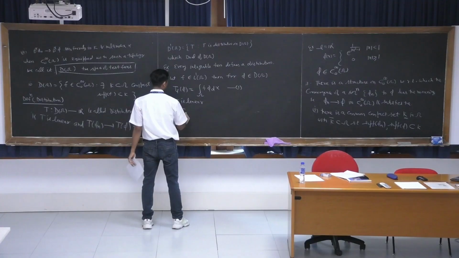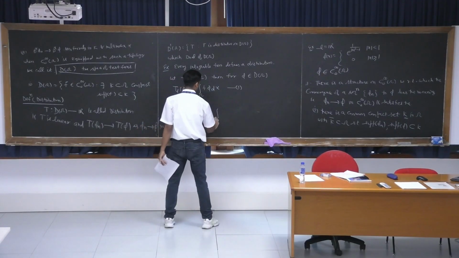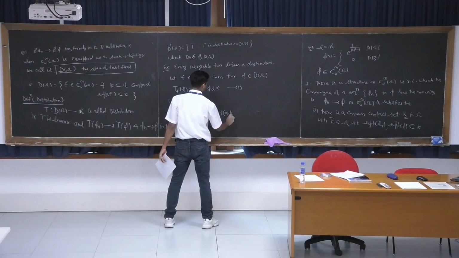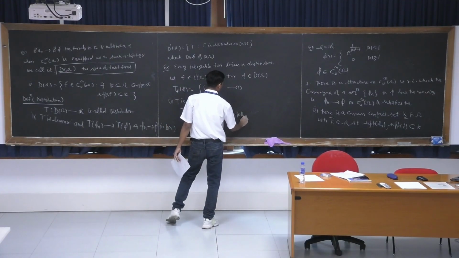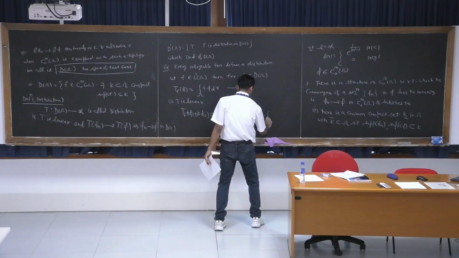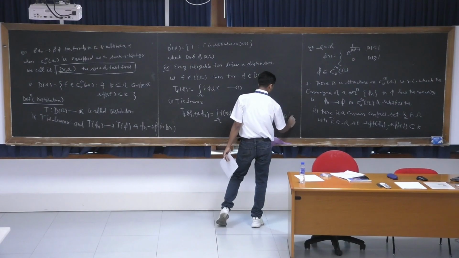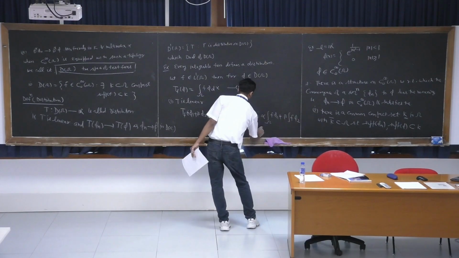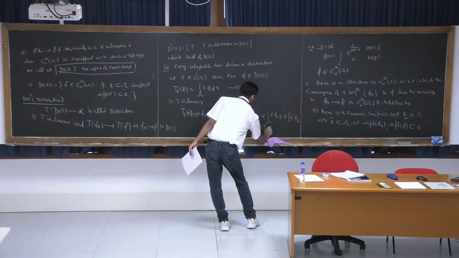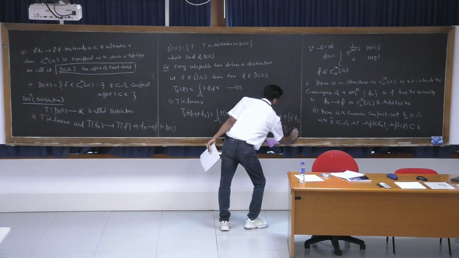It is very easy to prove it is linear. Just start with T f of alpha phi 1 plus beta phi 2, that is equal to the integral over omega of f times alpha phi 1 plus beta phi 2 dx, and it is easy to write this as alpha integral over omega f phi 1 plus beta integral f phi 2, that is nothing but alpha T f of phi 1 plus beta T f of phi 2.